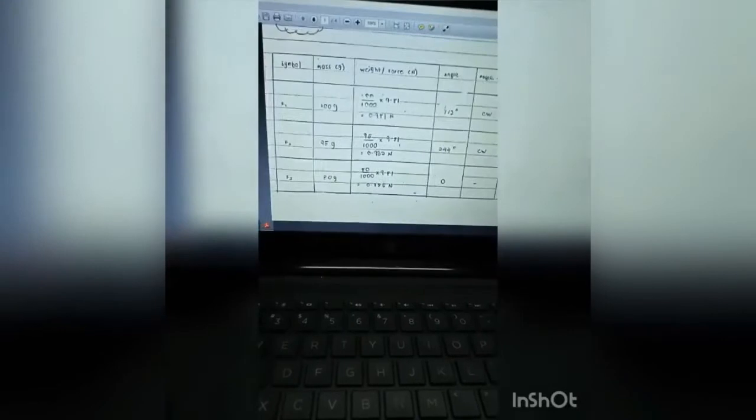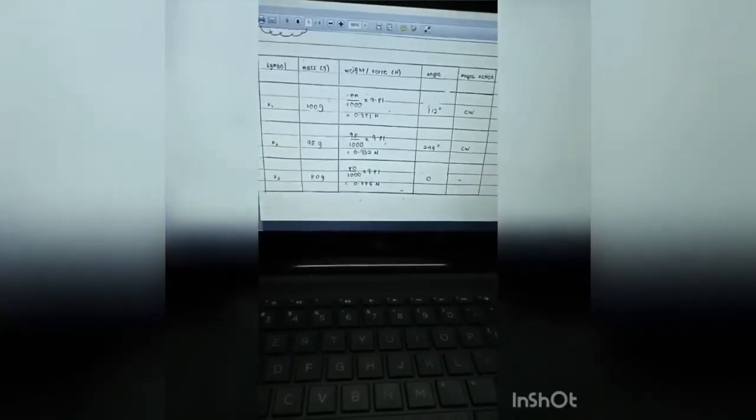Okay, this is table 1. For F1, the mass is 100 gram, and when converted to weight and force, it is 0.981 Newton, and the angle is 112.